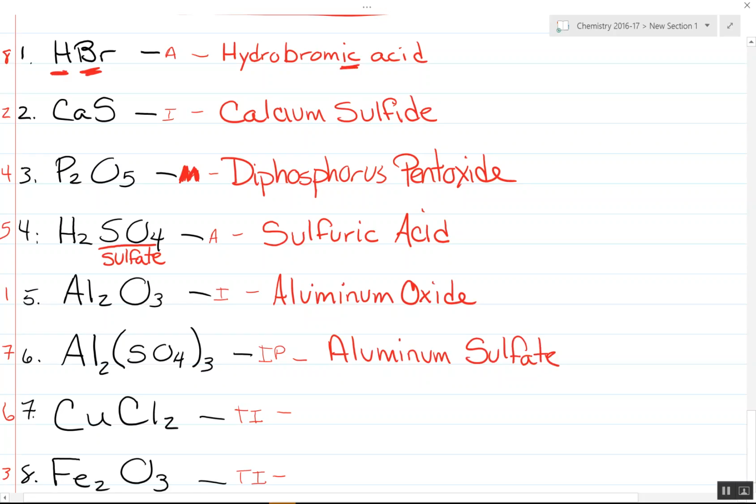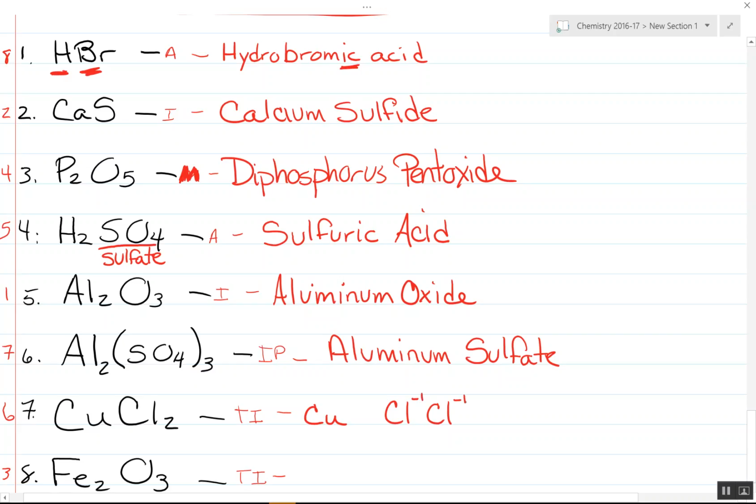All right. Now, table 6 and 3, these are more complicated. So, we know that we have a copper, correct? And we know that we have 2 chlorines. What is the charge on chlorine? -1.